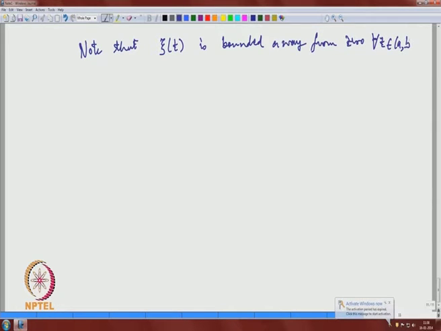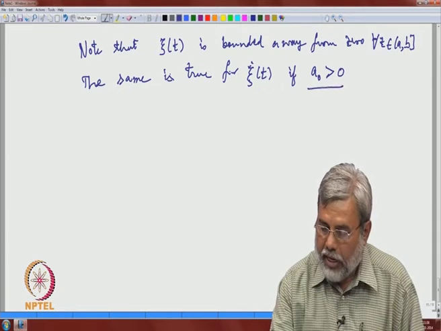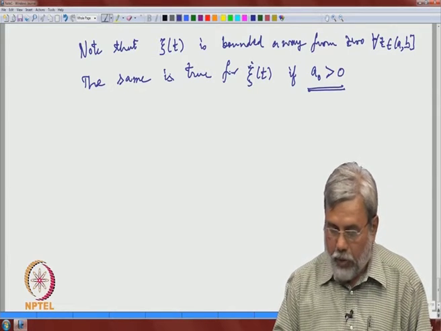Of course, we are just interested in the final point b. The same is true for j dot t if a0 is strictly positive. So, the trouble occurs when a0 is 0, and now again look at the conditions.